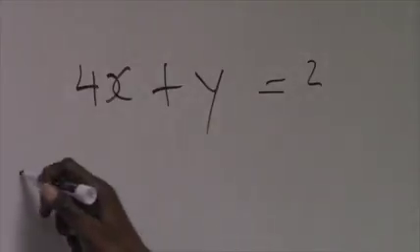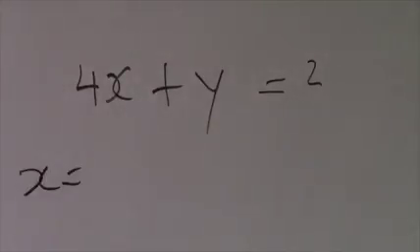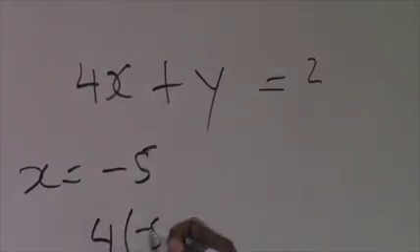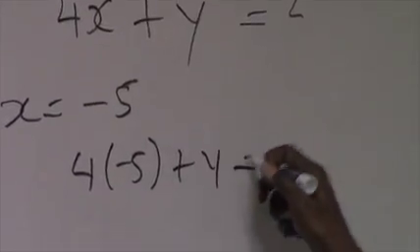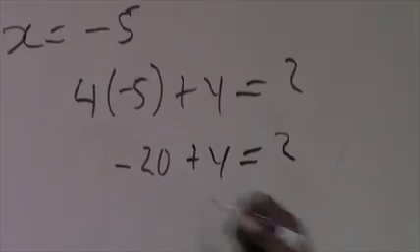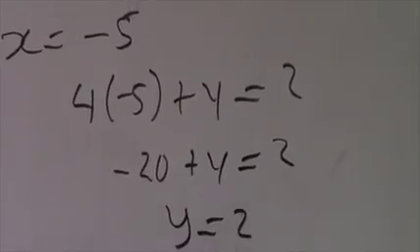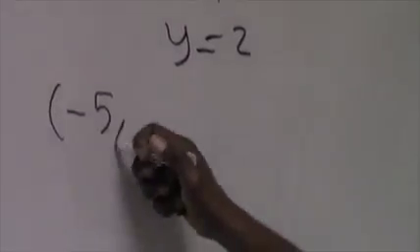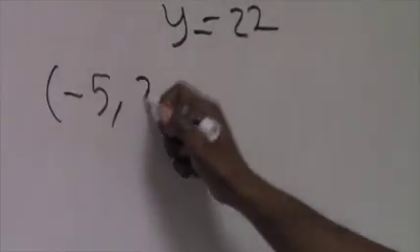Otherwise, I can do the first case. I have x equals negative 5. So I do 4 times negative 5 plus y equals 2. That's going to be negative 20 plus y equals 2. When I add 20 to both sides, I have y equals 22. So one solution I have is negative 5 comma 22.